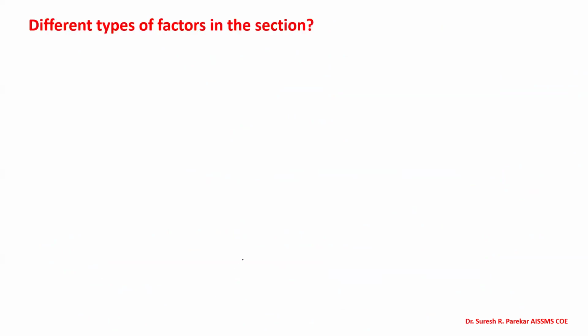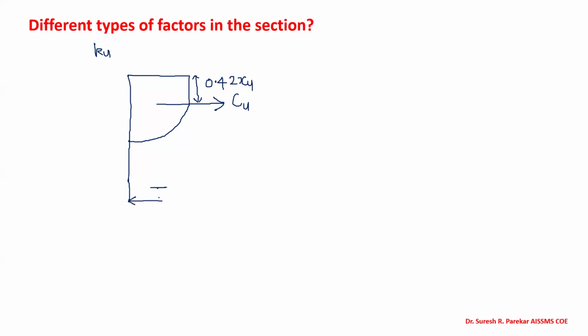Then different types of factors. The first we have just seen, that is Ku. Second we have the lever arm factor. How will we get this lever arm factor? My compressive force acts at a distance 0.42 xu from the compression face, and our tensile force acts at a distance d from the farthest compression face.